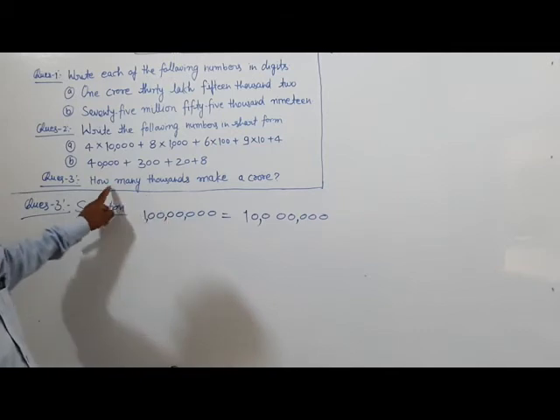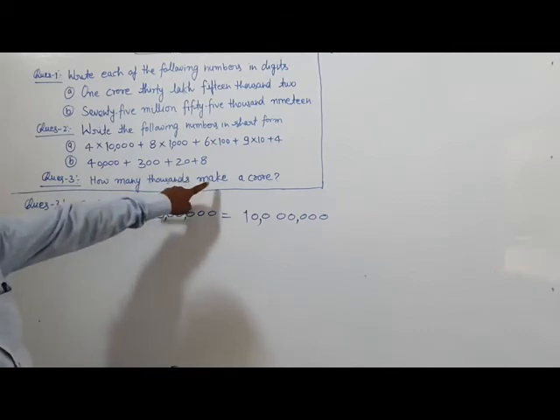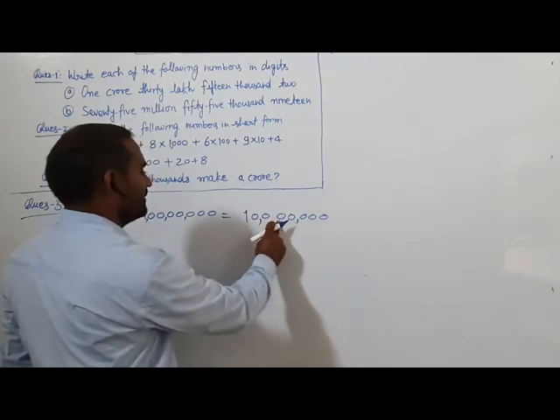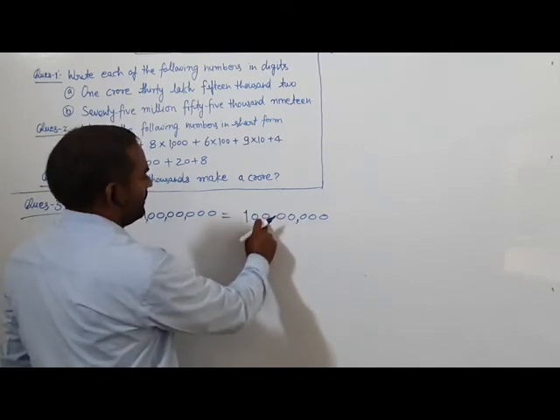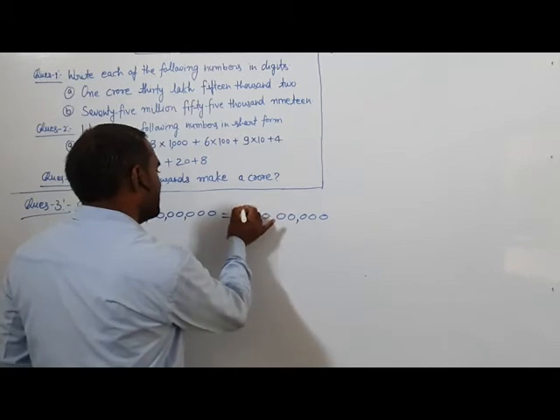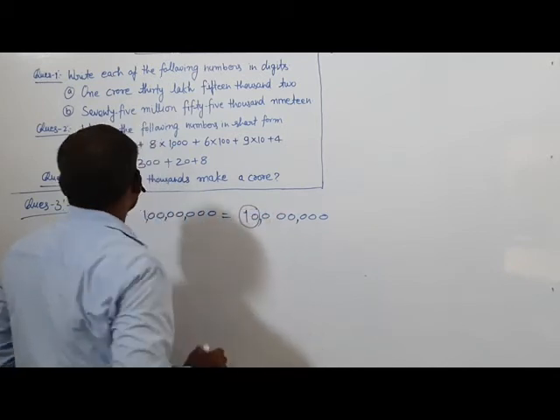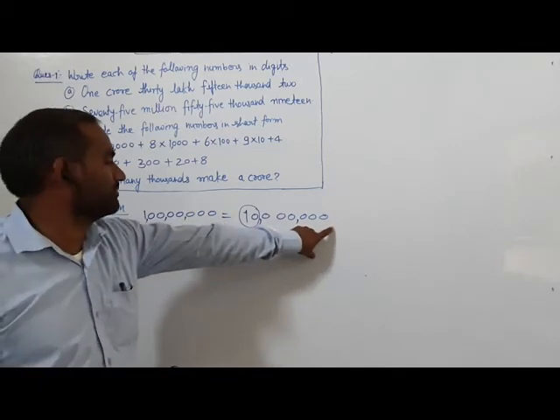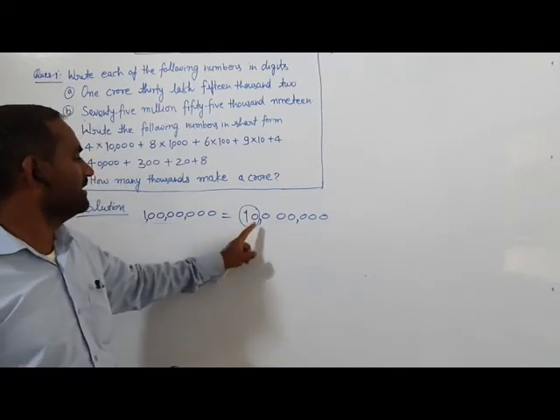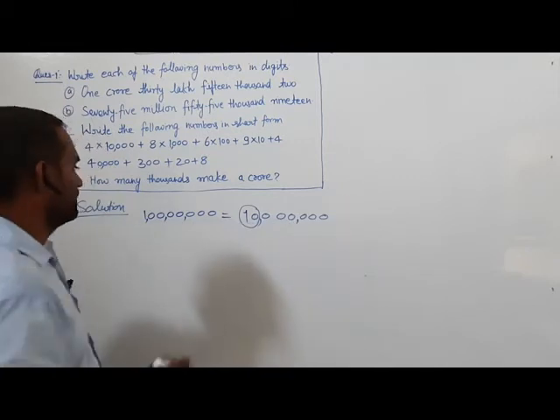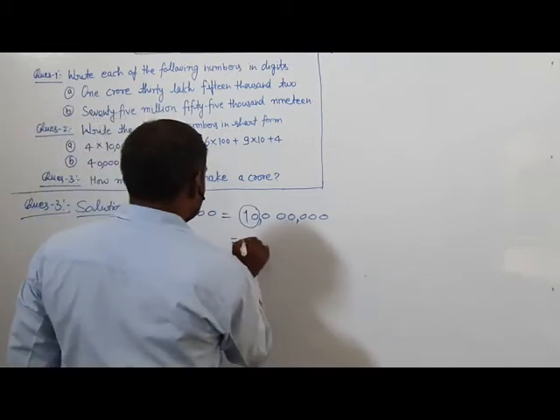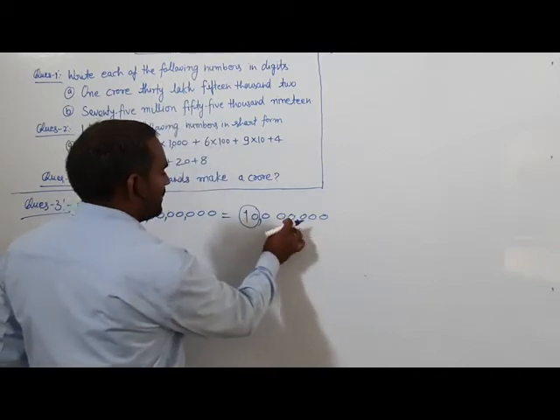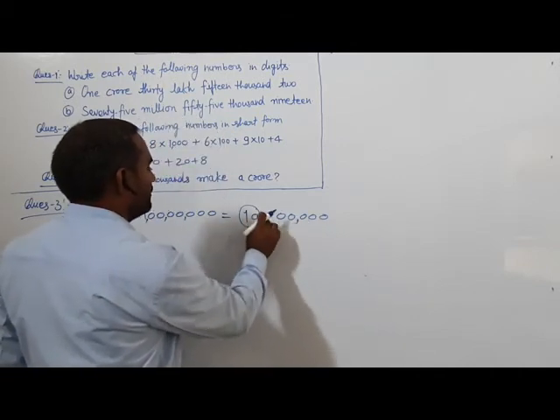So how many thousands make 1 crore? 10 million thousand. So we have to write 10 million thousand.